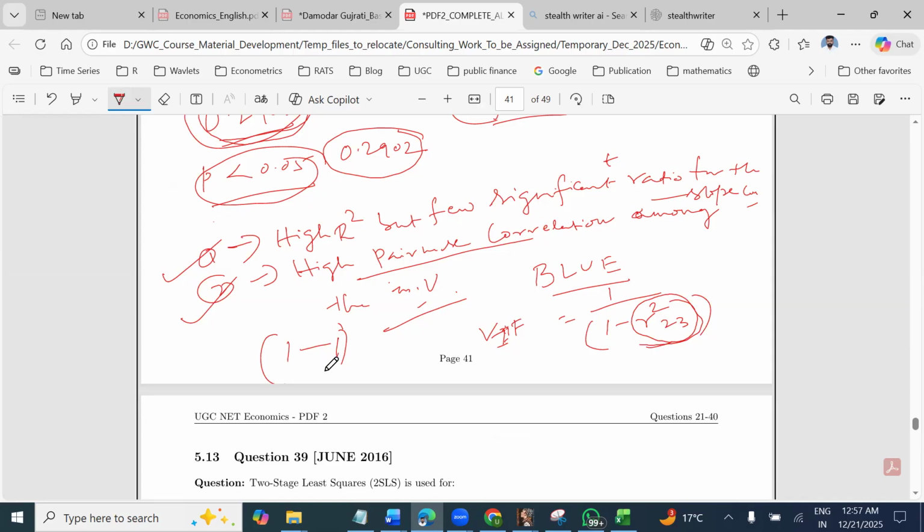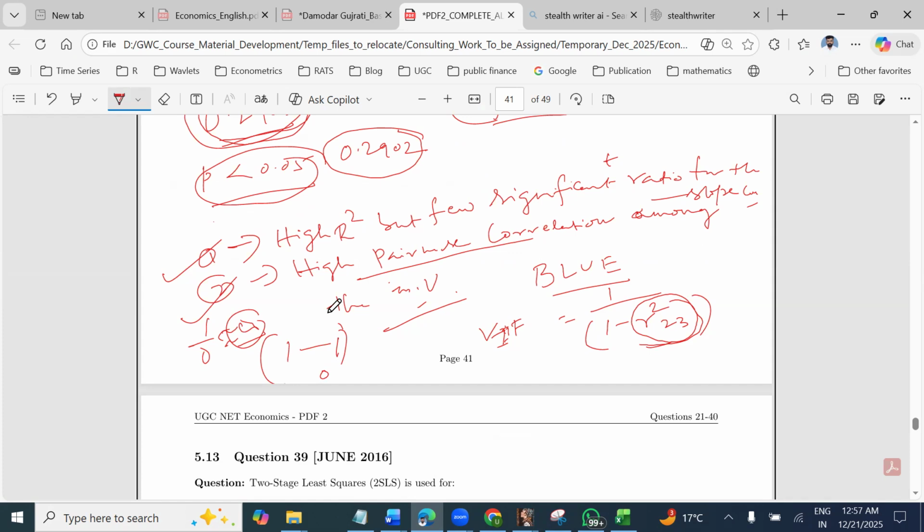So 1 minus 1 is 0, and 1 upon 0 is close to infinity. That is why we are getting a very big number, and I was surprised too. So VIF is approaching infinity.